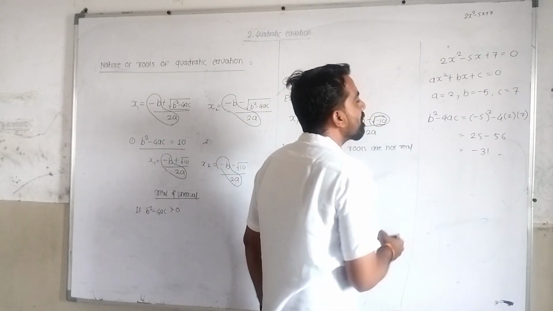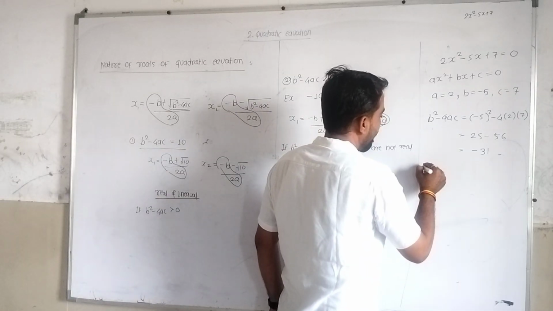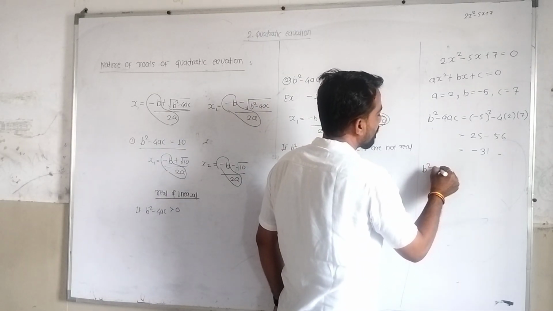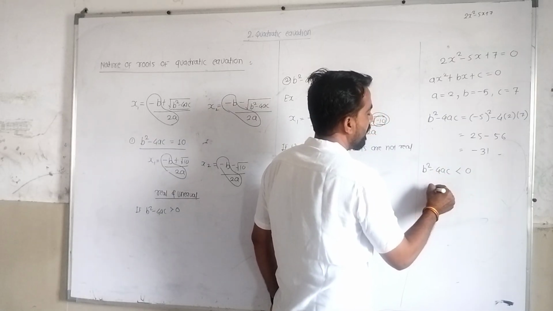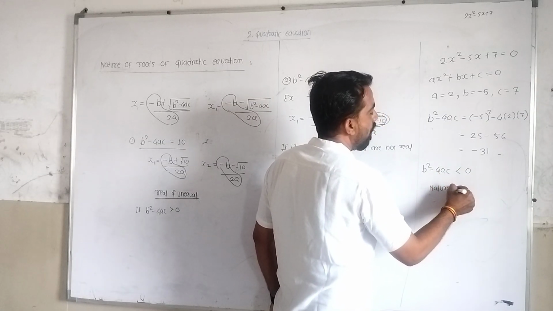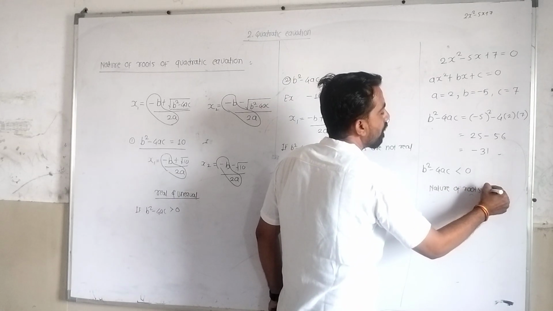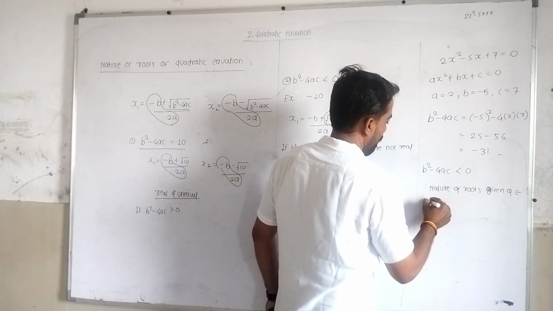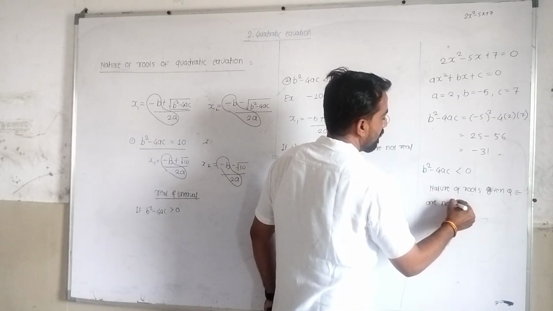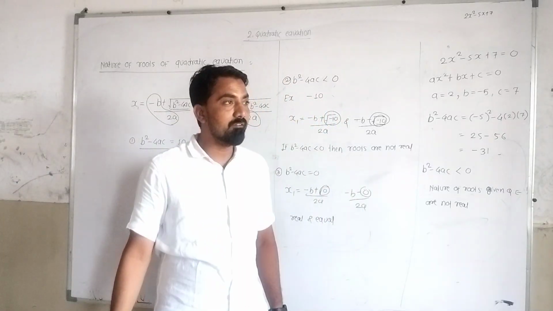So the value of b square minus 4ac is minus 31. That means here we write b square minus 4ac is less than 0. Therefore, the nature of roots of the given quadratic equation is not real.